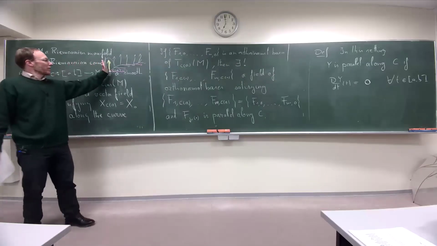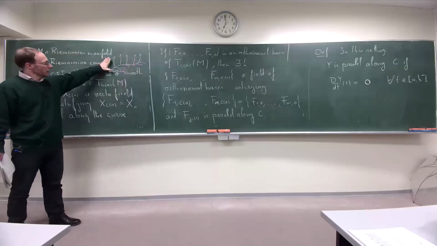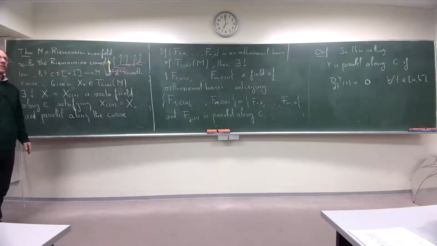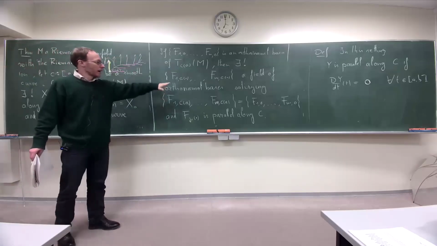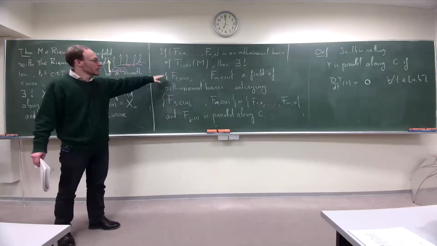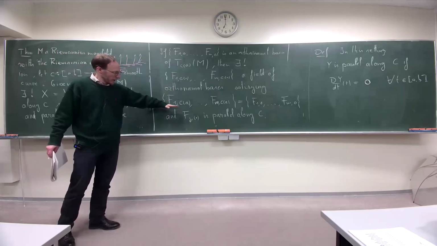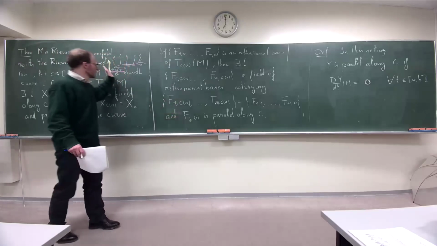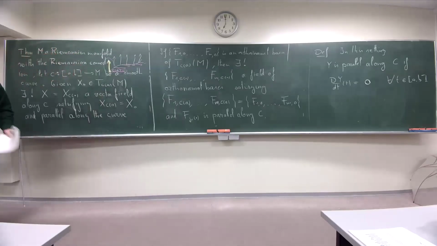If you just have one vector, it can be transported like this, but if you have even a basis, you can transport the basis along the curve. So you start with one basis, and there exists a unique family of orthonormal bases which have as an initial condition the first one, and each vector is transported parallel along the curve.